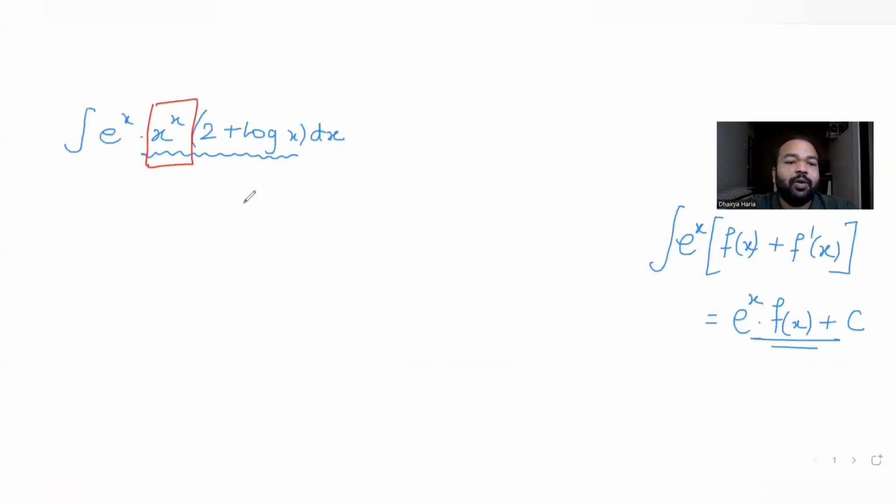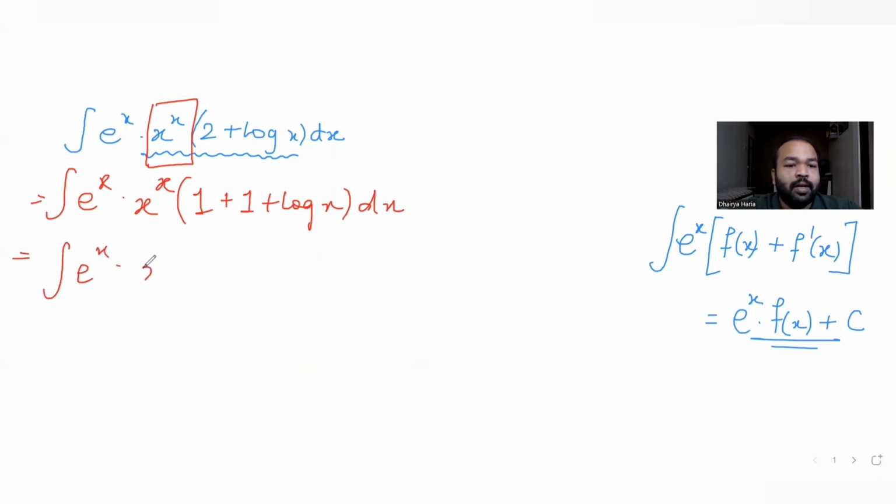If I see this question, I can write it as e raised to x, and I can write 2 as 1 plus 1 plus log x. Now I can write it as e raised to x into x raised to x into 1, which is x raised to x, plus x raised to x into 1 plus log x, dx, right?